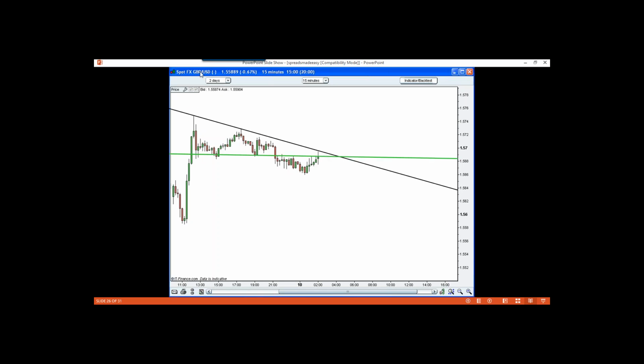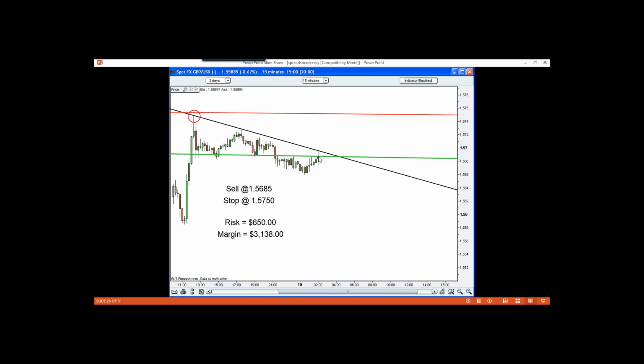Okay? So let's say that I sold, so I'm looking at my chart, right? And right here, I decide, okay, I think the market's going down. So I'm going to sell right here at 1.5685.